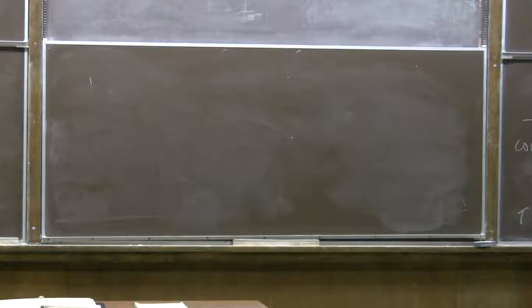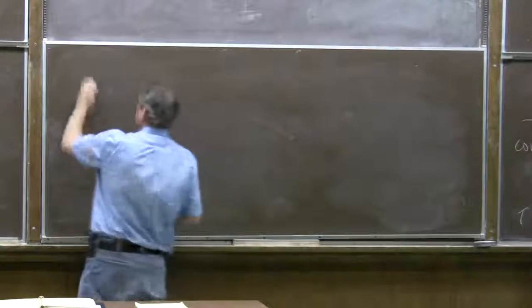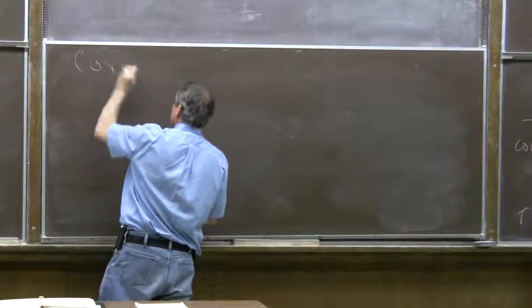But we can also infer that as a corollary to the second law stated this way, if by reversible we just mean something that can run backwards. So let me show you that argument. It's kind of cute.